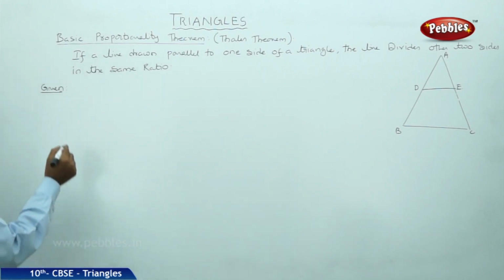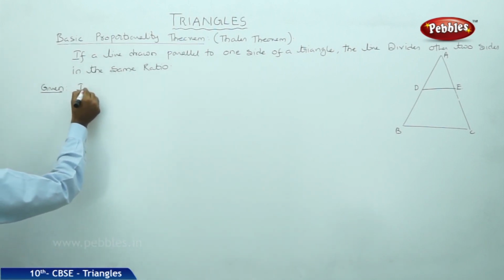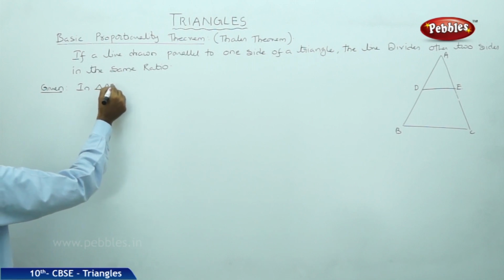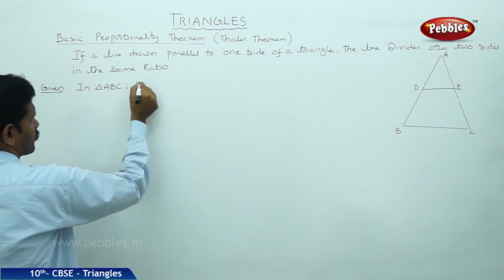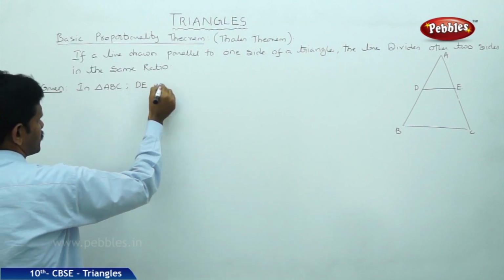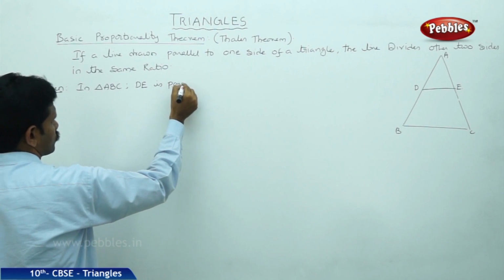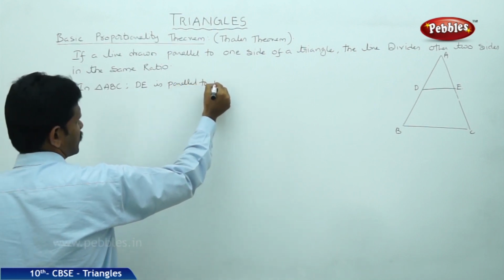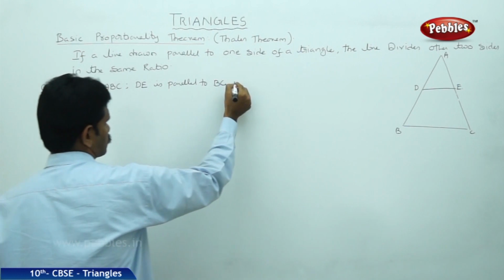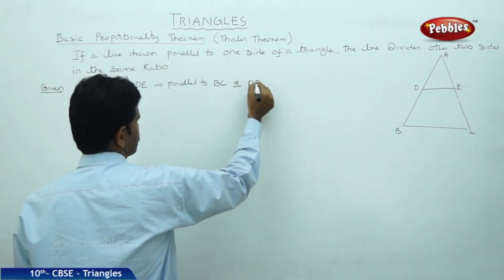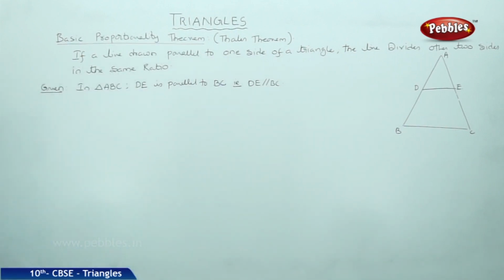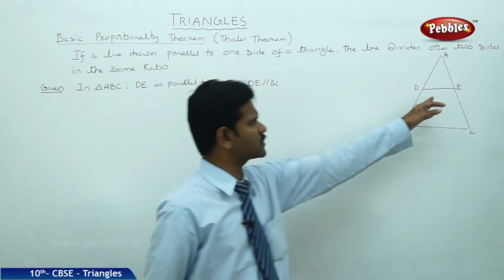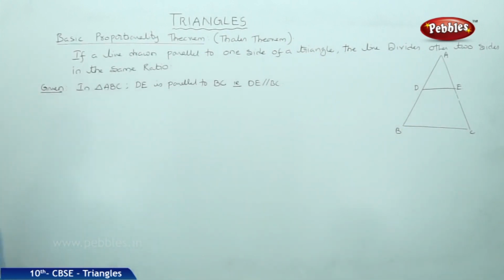Now, given: in triangle ABC, DE is parallel to BC. That is, DE is parallel to BC. In triangle ABC, DE is parallel to BC. Now, RTP.